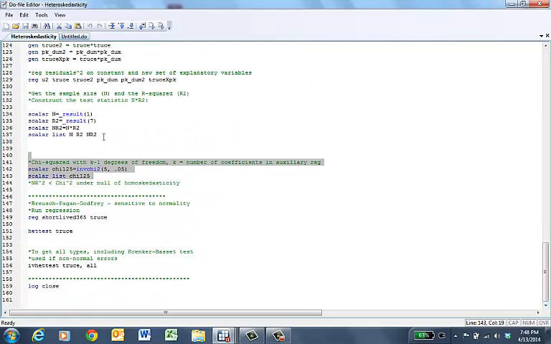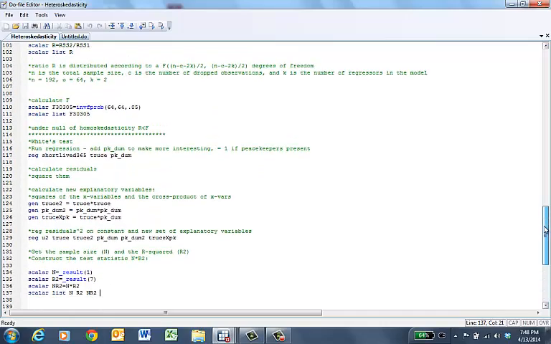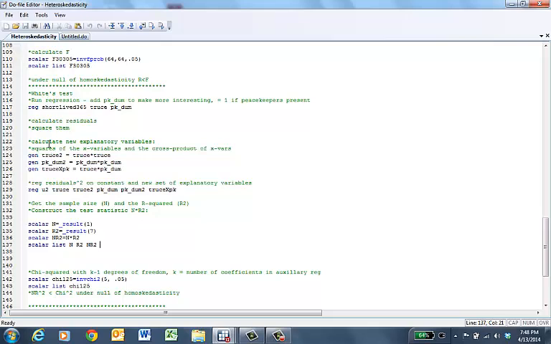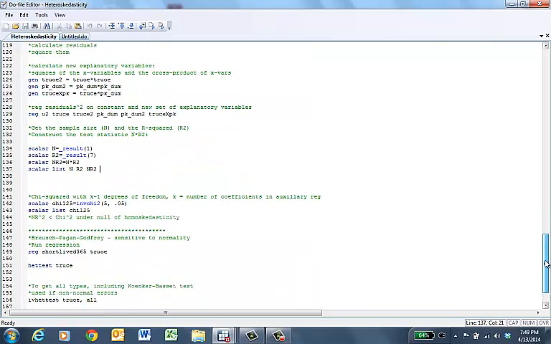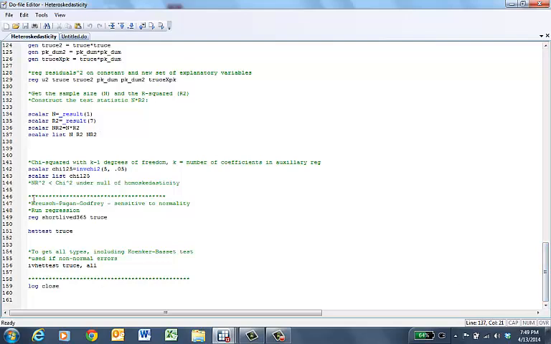So now that I've shown you the pattern of how to break out the residuals and regress them in our auxiliary model, I'm going to show you how to run the Breusch-Pagan-Godfrey test, as well as the Cook-Weisberg test, just using a simple command in Stata.